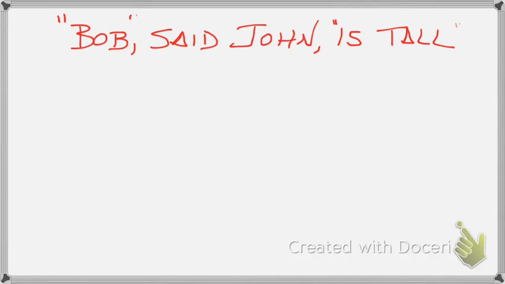I could make a few changes. Let's take off my grammar there. And I could say Bob said John is tall. Okay, so just by changing my punctuation around a little bit, it says two different things. And that's what the order of operations says. We need to come up with rules so that when we get an equation or expression like this, there's two different answers.